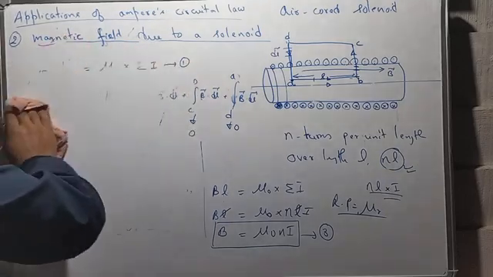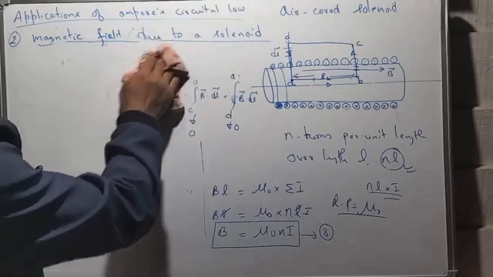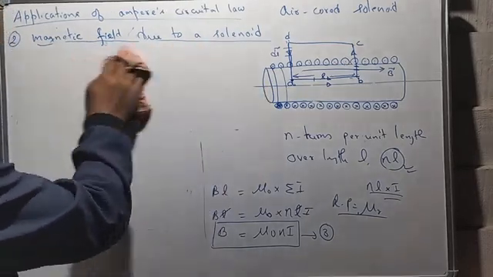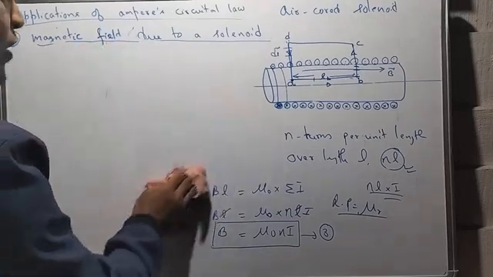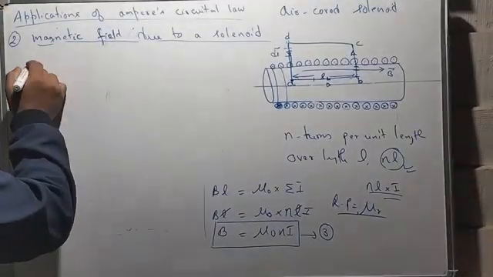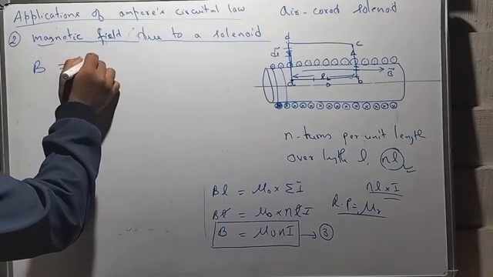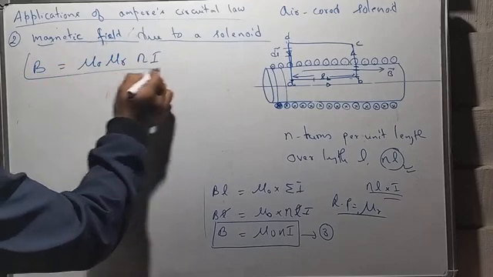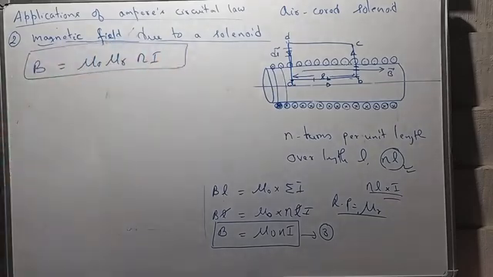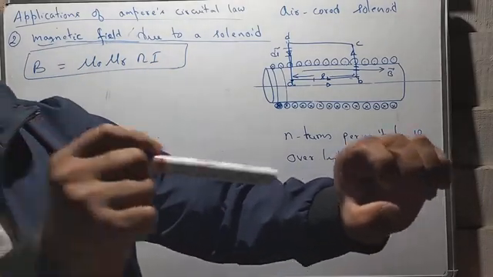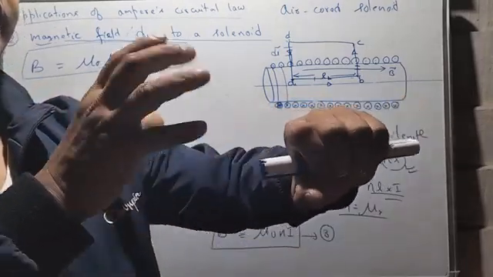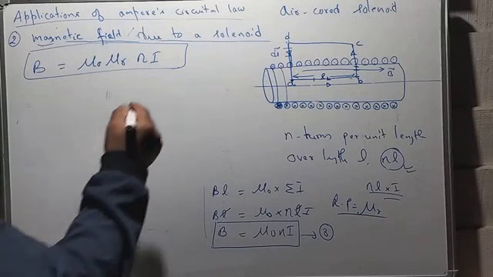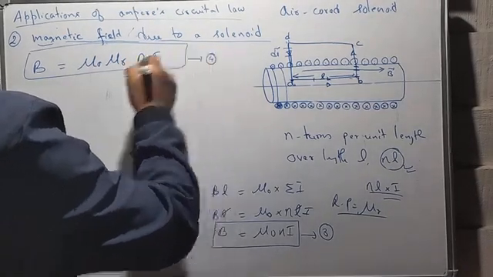In that case, the expression of the magnetic field inside a solenoid with an iron core becomes B equals mu naught mu r n I. This is the expression of the magnetic field when an iron core is inserted inside the solenoid. This is my equation number 4.